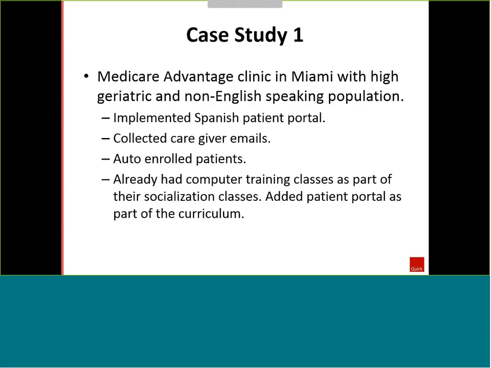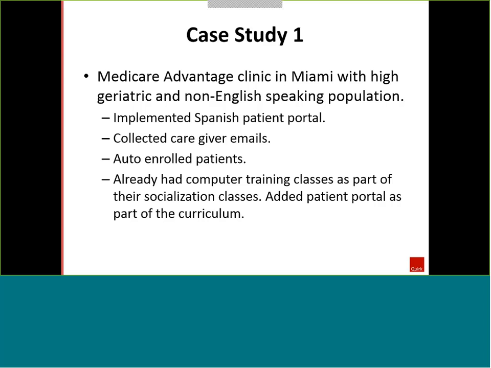So let's talk about what one group did here in Miami, Florida. In a Medicare Advantage clinic that had a patient base that was getting older and non-English speaking, they actually did implement a Spanish patient portal.